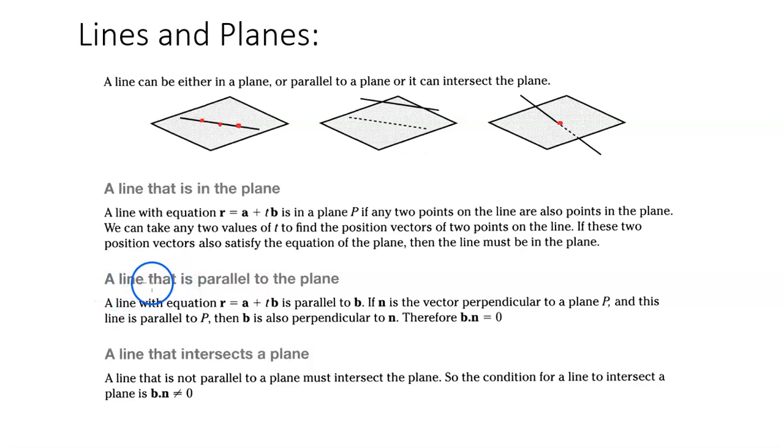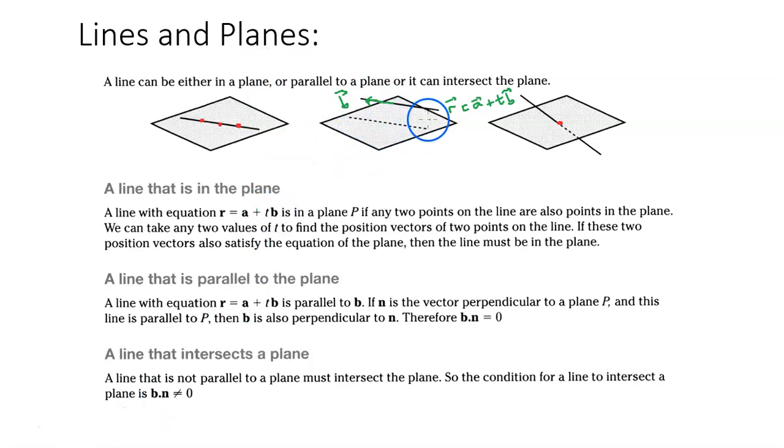Okay, so to check whether a line is parallel to the plane, remember a line has a direction vector, so let's say B. So the equation of the line might look something like r equals A plus t times B, which is what we have here, and B determines the direction of the line. A is just an arbitrary vector to get us onto the line.